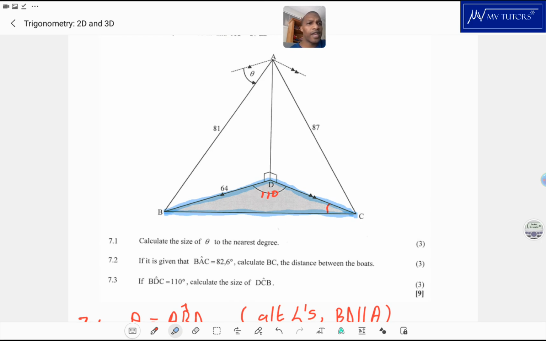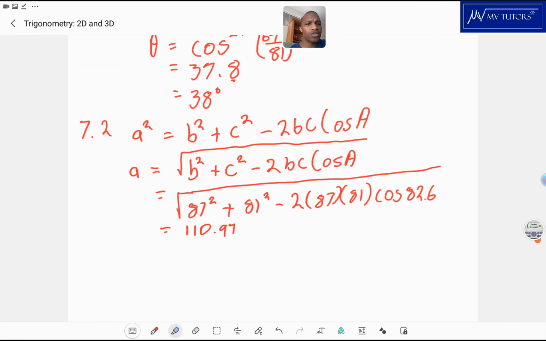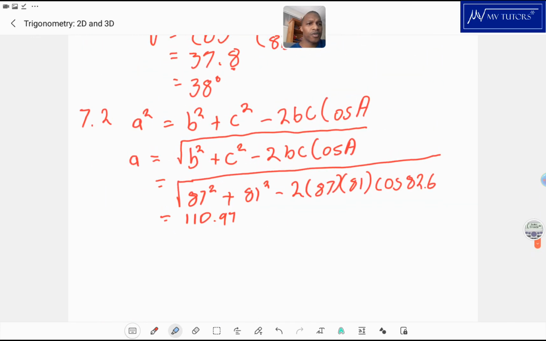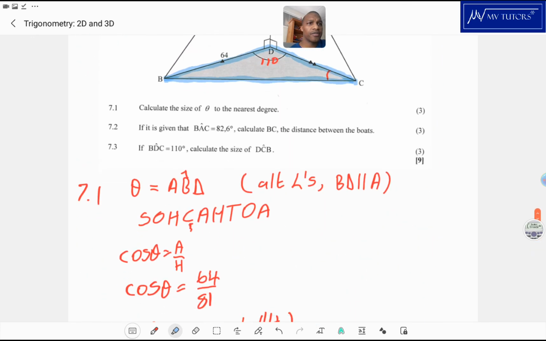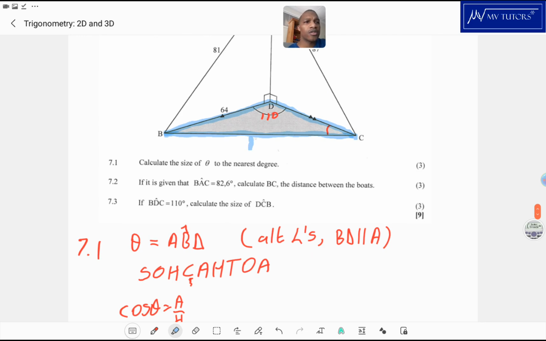We have that angle is 110, and opposite that angle we just solved the side, 110.97. This side here is 64.